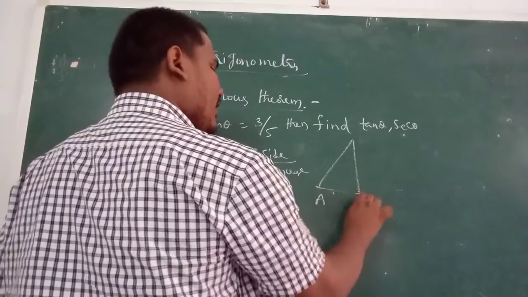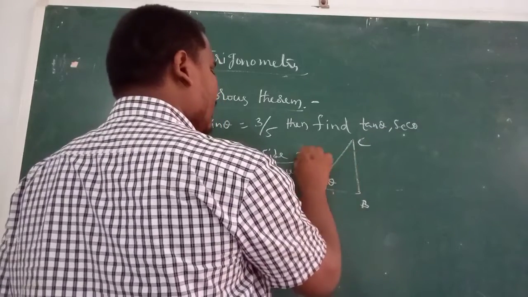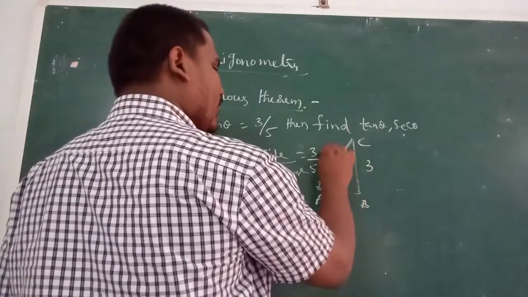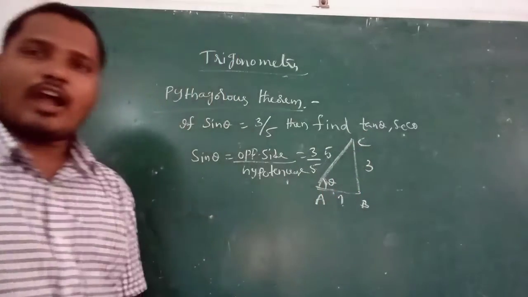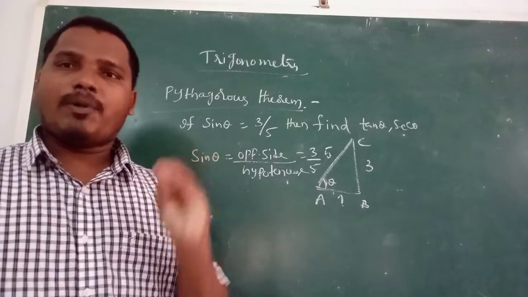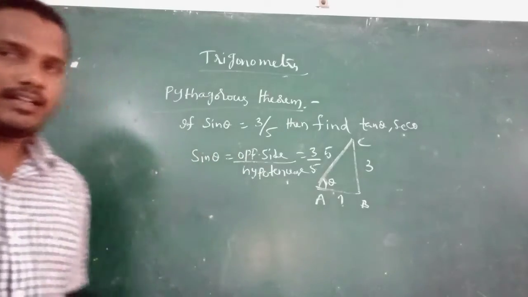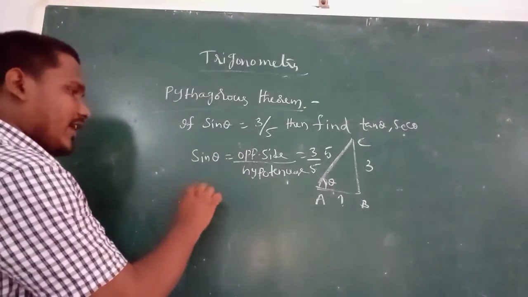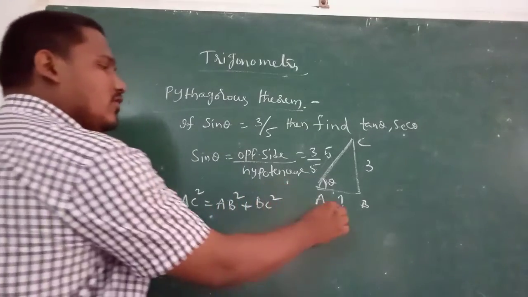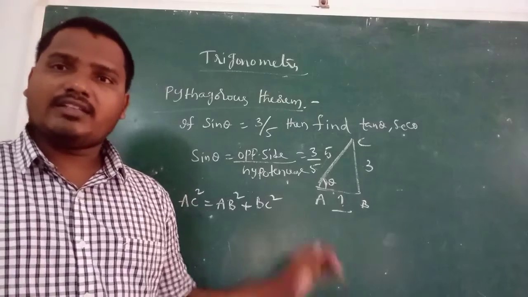This is A, B, C. Here you are taking theta. This is the opposite side. Value you take 3 and hypotenuse 5. You don't know about adjacent side. So if you are applying the Pythagoras theorem, AC square is equal to AB square plus BC square, then you get adjacent side value.